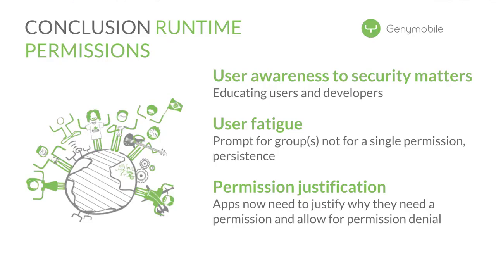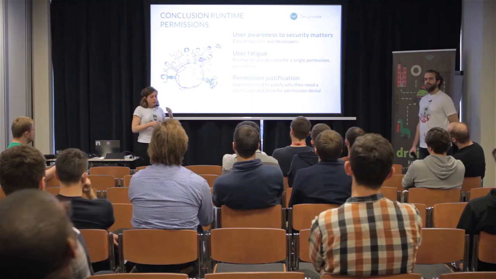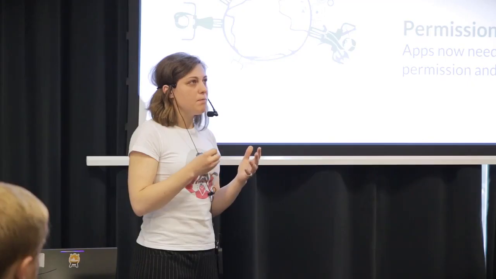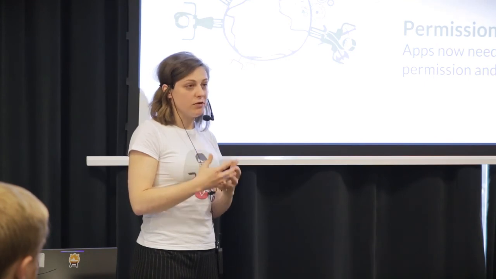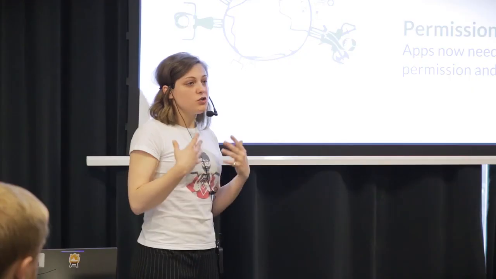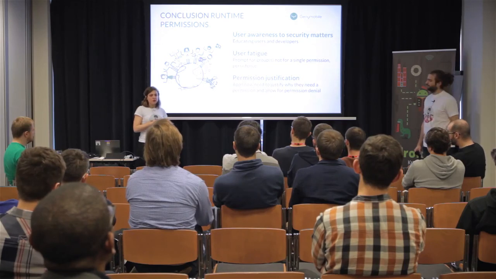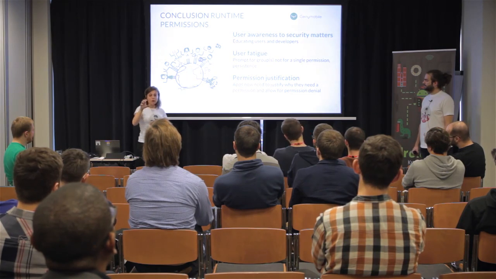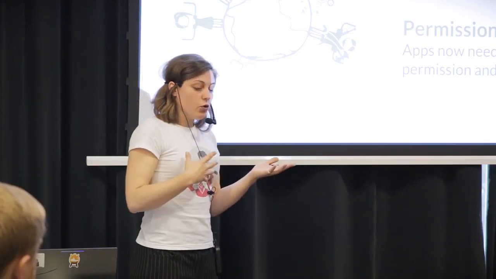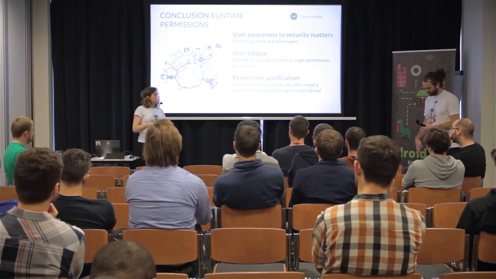So what we can say about the new permission system given by Google in Marshmallow is that Google tried to make people sensitive to security matters, also the user, but in the end also the developers. You need to use the new API given for permissions to check if you have the permission and request it to be sure to get your prompts at runtime. But the way Google did it, you're not prompted each time you request your feature.